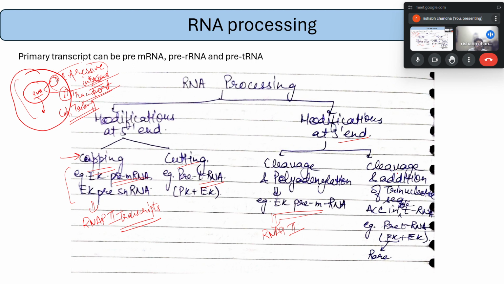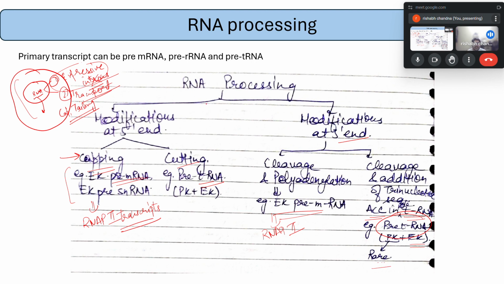And then we have cleavage and addition of a trinucleotide sequence. This is the ACC sequence added in the pre-tRNA, at the amino acid binding site of the tRNA. We'll see this when we cover pre-tRNA processing. This is mostly done in eukaryotes, but sometimes in prokaryotes also.